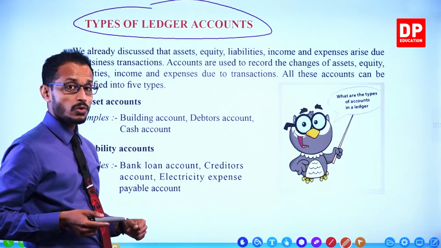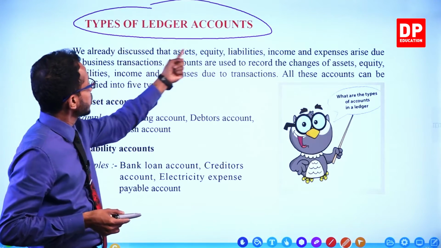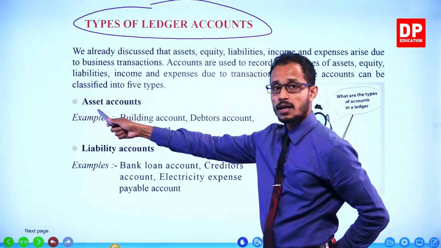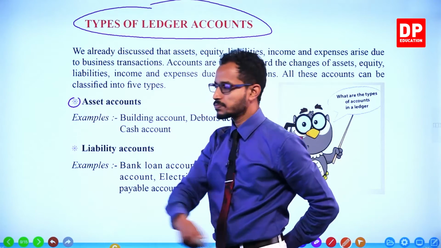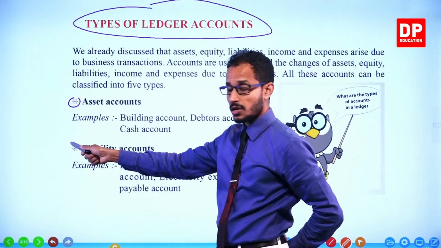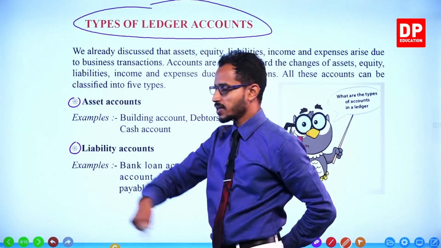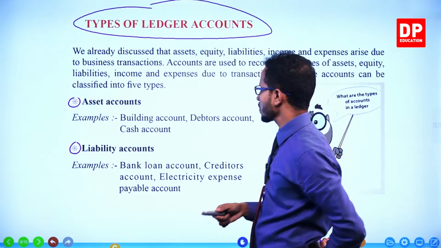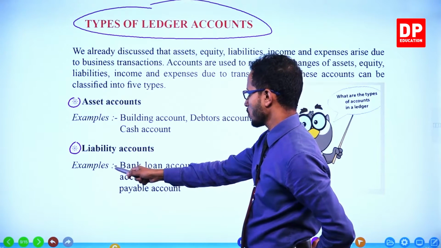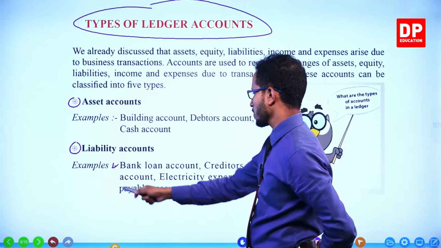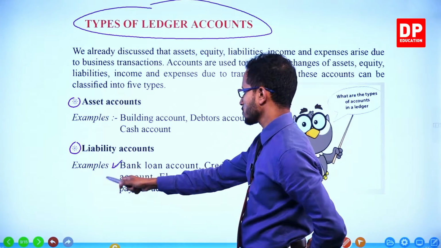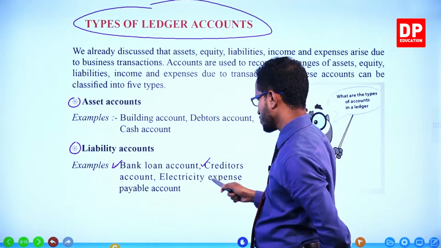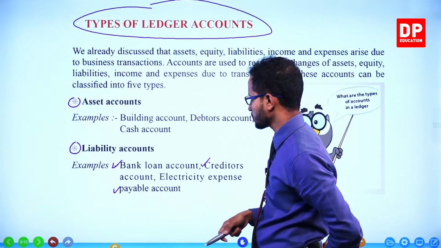Likewise, children, there are more types of accounts. The main types are asset accounts, like the cash account. Then we have liability accounts: bank loan account, creditors accounts, electricity expense payable accounts.